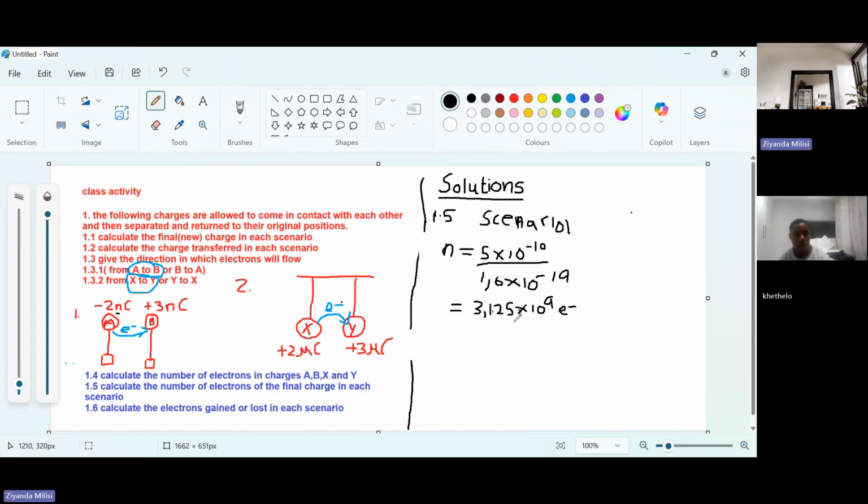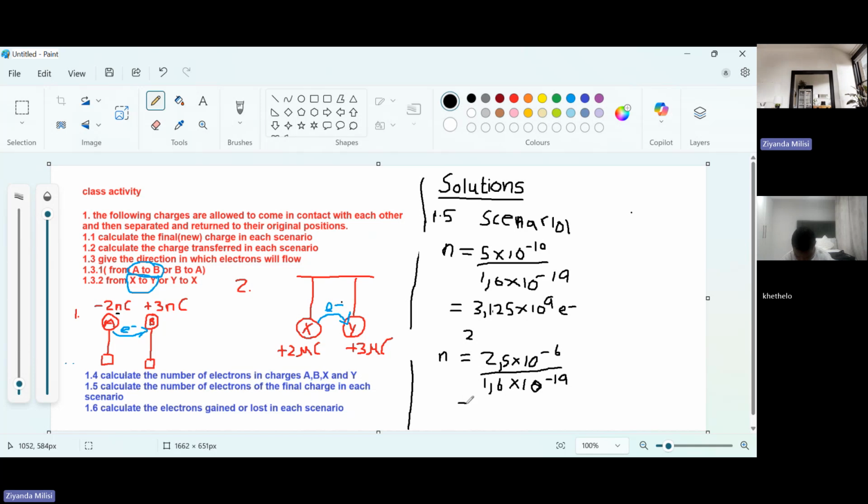Then for scenario 2, what was the final charge? It was 2.5, is it? Times 10 to the power -6, divided by 1.6 times 10 to the power -19.